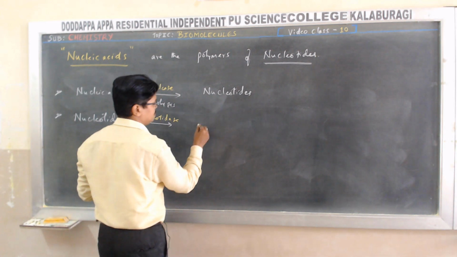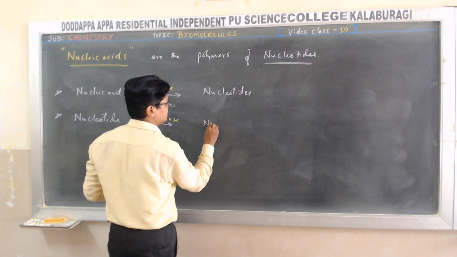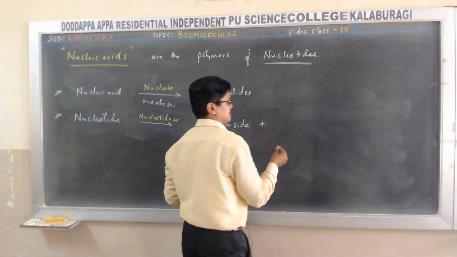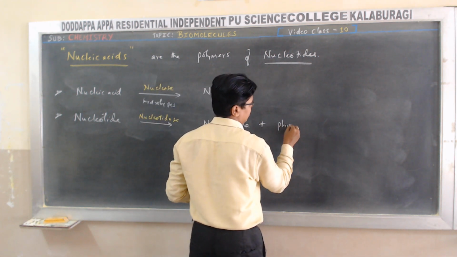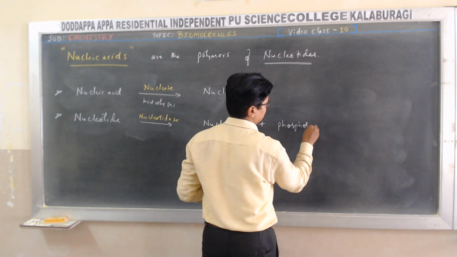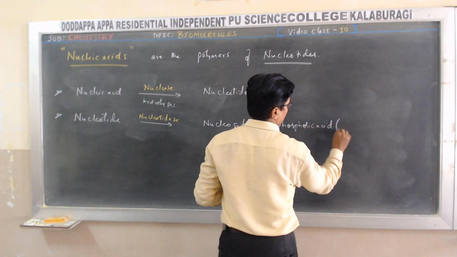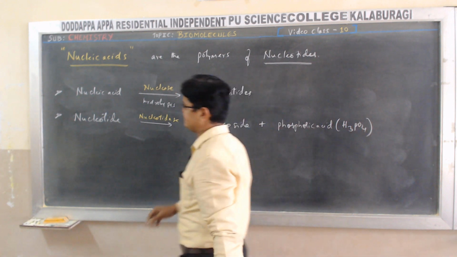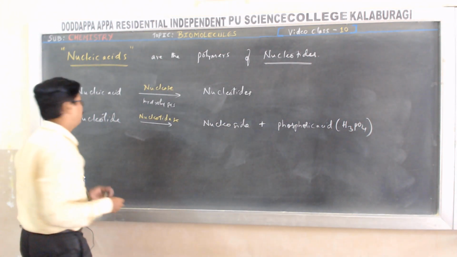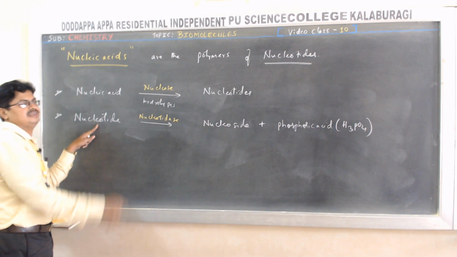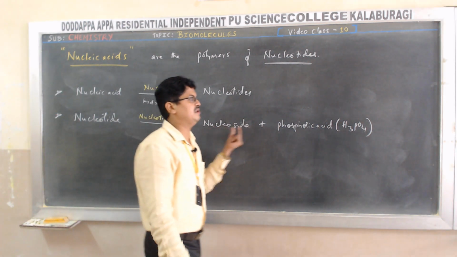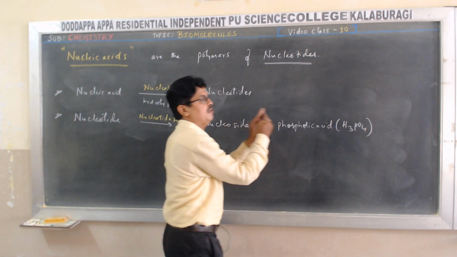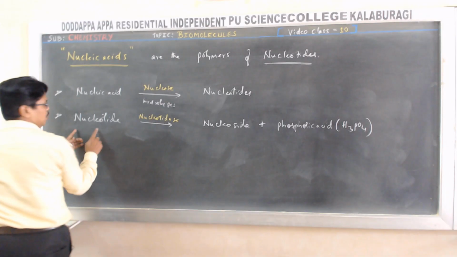It gives nucleoside plus phosphate, or phosphoric acid. Then what do nucleotides mean? Nucleotides are composed of nucleoside plus phosphoric acid. By the condensation of nucleoside and phosphoric acid, I will get a nucleotide.